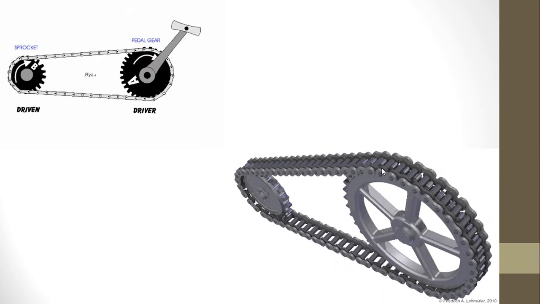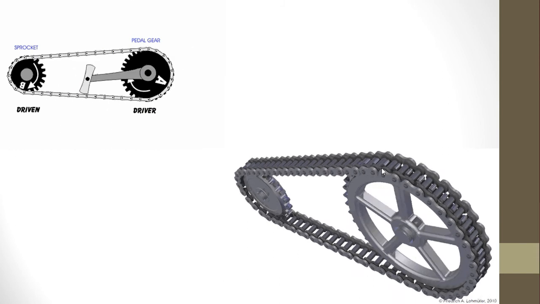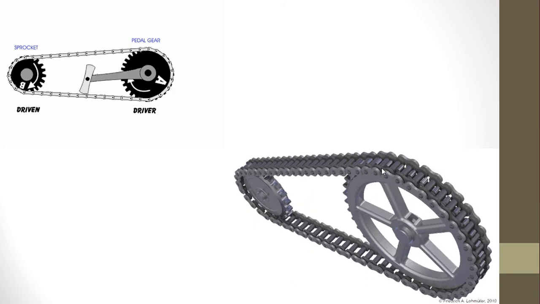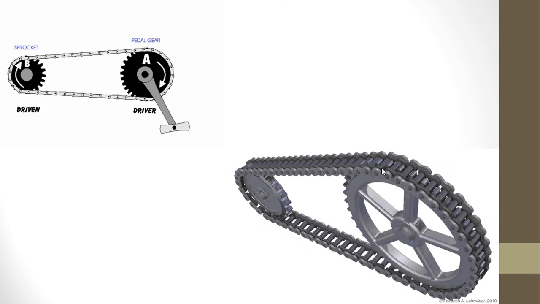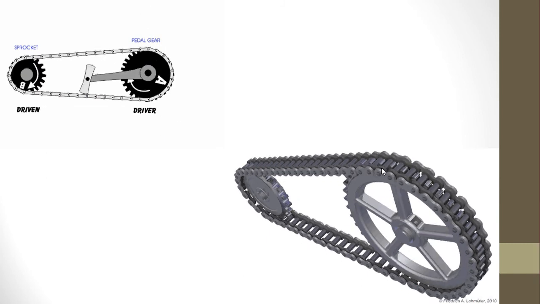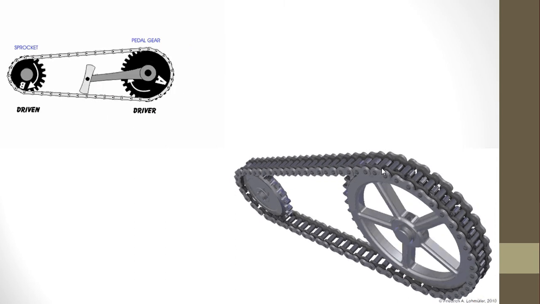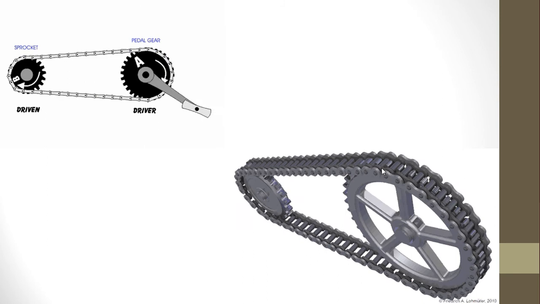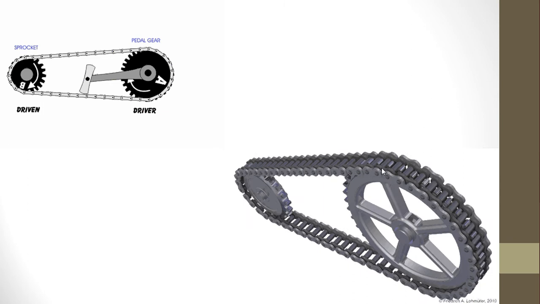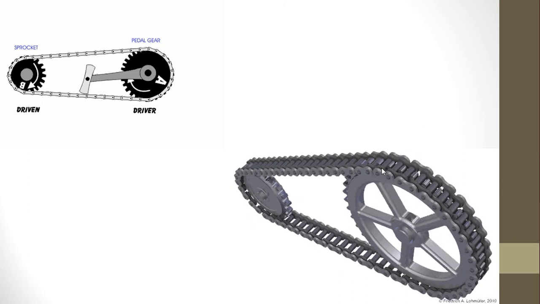So, starting with the simple chain drive mechanisms. In the diagram at the top left corner, you can see that there is a sprocket, then there is a pedal gear. These both are sprockets. This is the system you can easily see in your bicycles, where there is a driver, which is basically the human force, that drives the wheel at the back side.